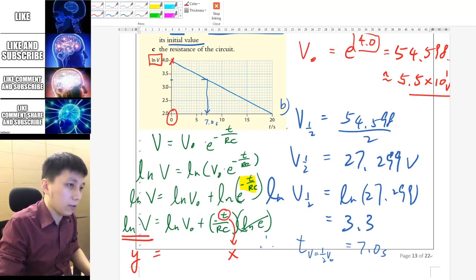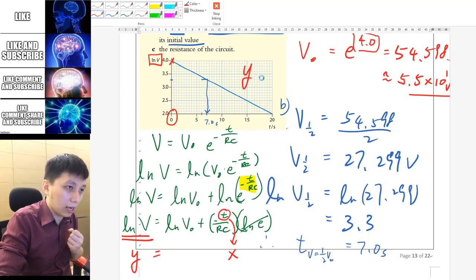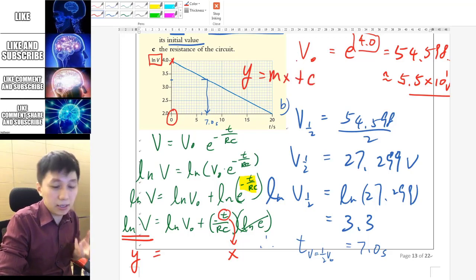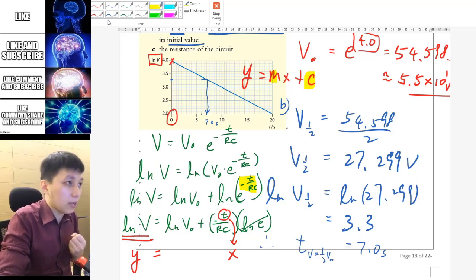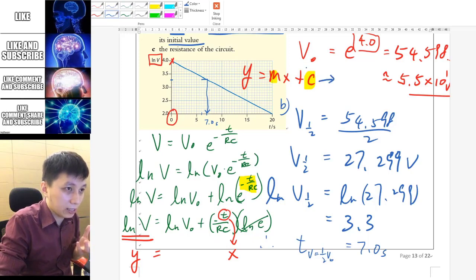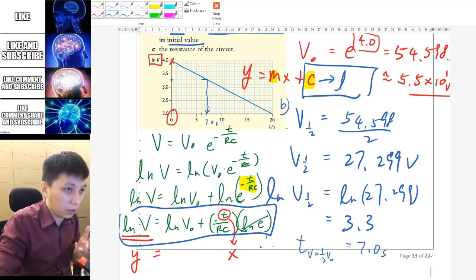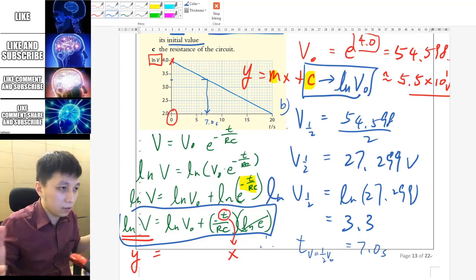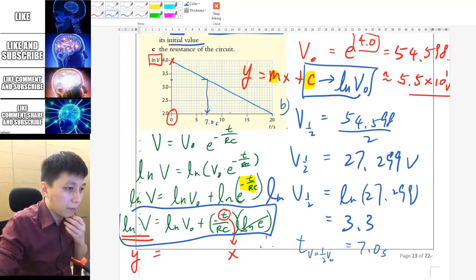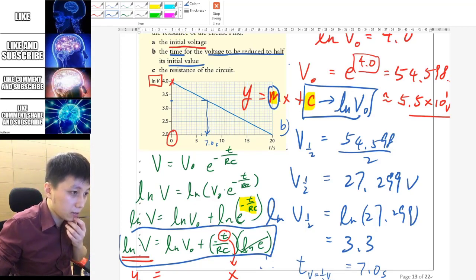So this is a linear line once again, so y equals mx plus c is a form that I think you are familiar with. c is the y-intercept, m is the slope, and if you try to see it this way, then obviously the y-intercept c from this equation is going to be natural log V naught. However, this is not something I will be interested in right now, but we will be able to find the slope m to be this one.